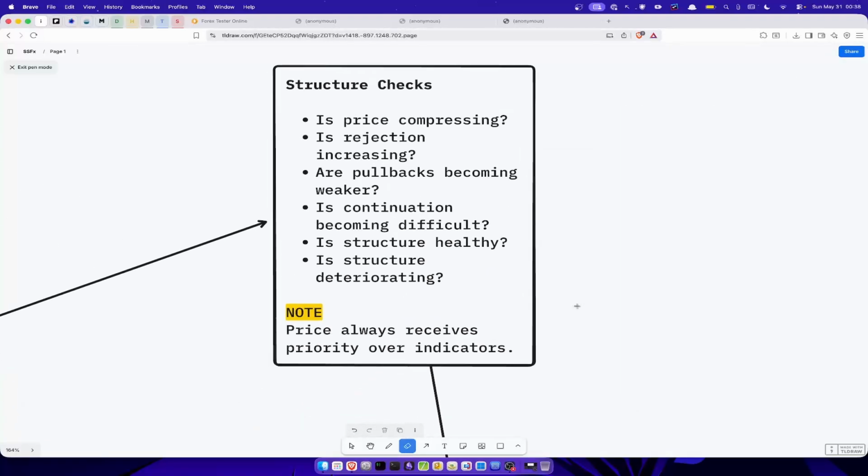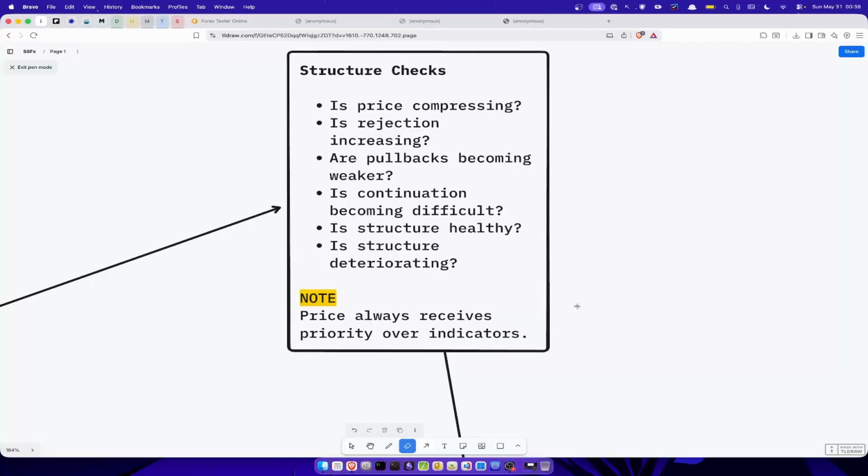In as far as the things we are checking for, in as far as the structure is concerned, once we get to those zones, we start checking for different elements. For instance, is the price compressing? Are there rejections? So are there rejection wicks and are they increasing? Are the pullbacks becoming weaker?